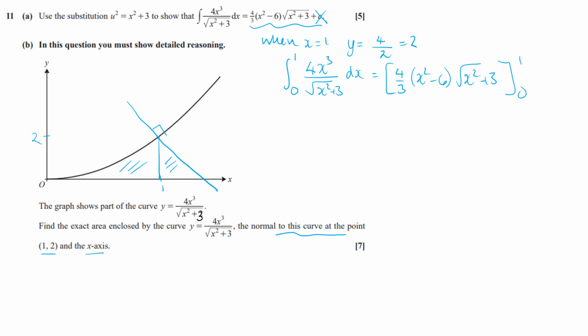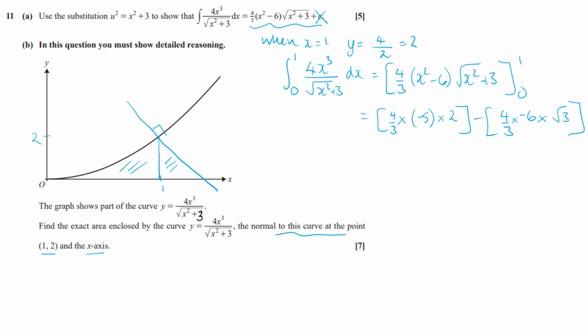So that will be 4/3 x squared minus 6 times the square root of x squared plus 3 between 0 and 1. So putting 1 in, we're going to get 4/3 times minus 5 times the square root of 4, which is 2. Put 0 in, our lower limit, we're going to get 4/3 times minus 6 times the square root of 3.